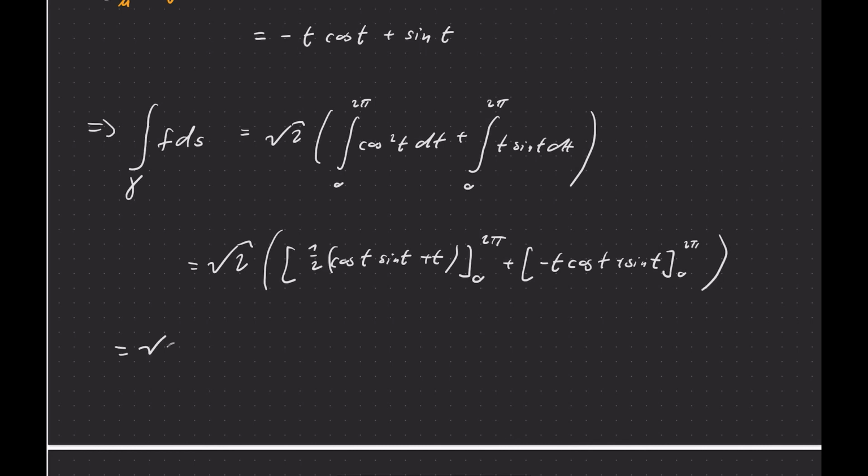So what do we get? This is the square root of 2. Let's see, if we substitute 2 pi in here, then the sine of 2 pi will be 0, so that part just vanishes and we're left with 2 pi. So that's 1 over 2 times 2 pi. And then we need to subtract that expression at the point t equals 0. For t equals 0, the sine is again 0, t is also 0, so we just subtract 0 here.